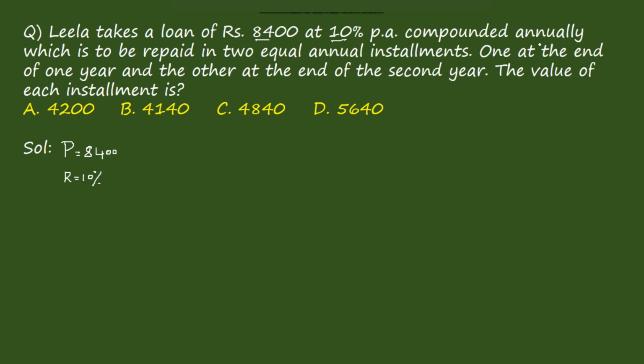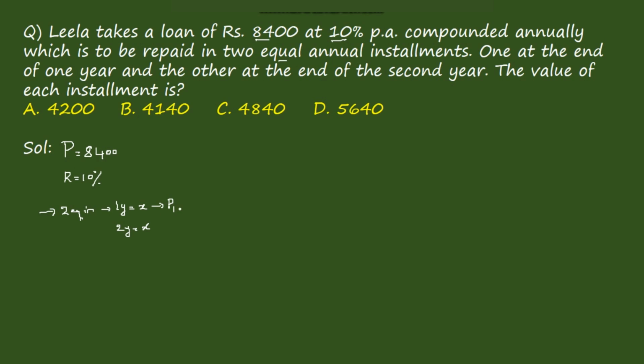Again they are saying compounded annually, which is to be repaid in two equal annual installments. Lina would be paying the loan: in the first year she would pay X amount, and in the second year she would pay the same X amount. In this, she would be paying a part of the principal.